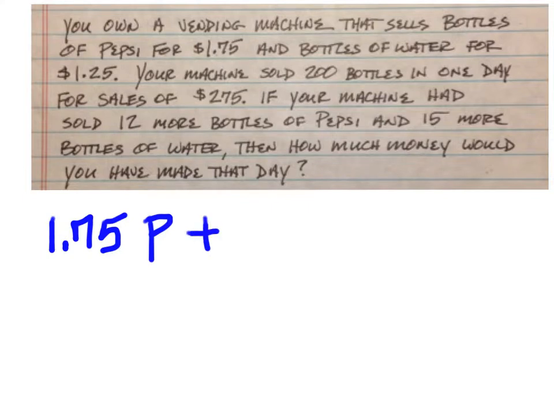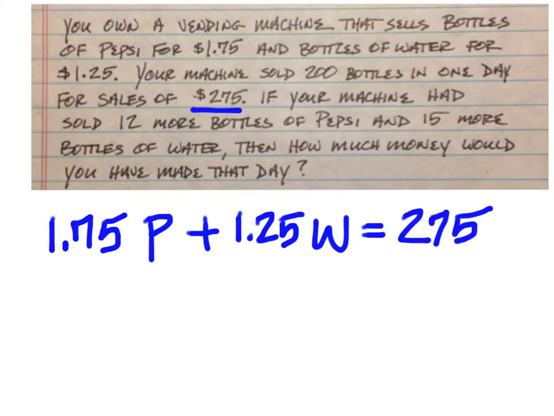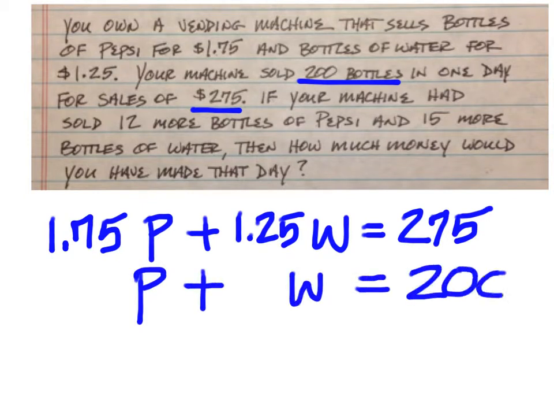And I could add that to $1.25 times W, which would give me how much money I made off of water. If I add those two things together, my total sales were $275 for the day. And then we know that the machine sold 200 bottles. So Pepsi plus water would be 200.